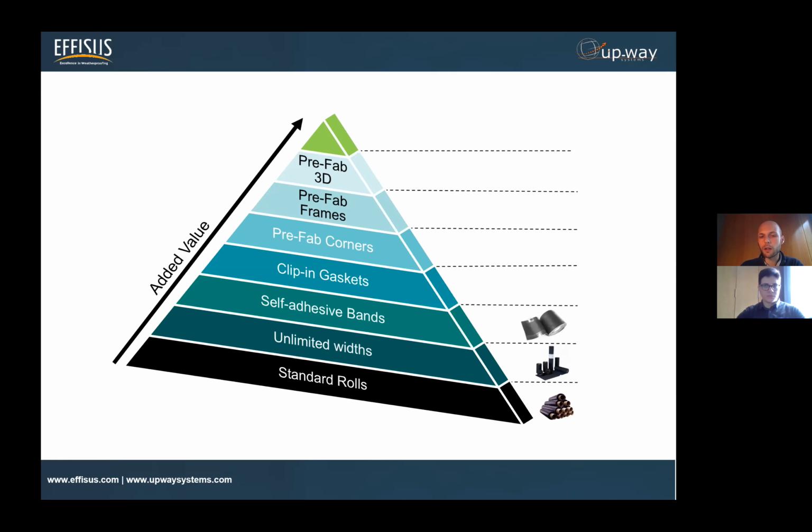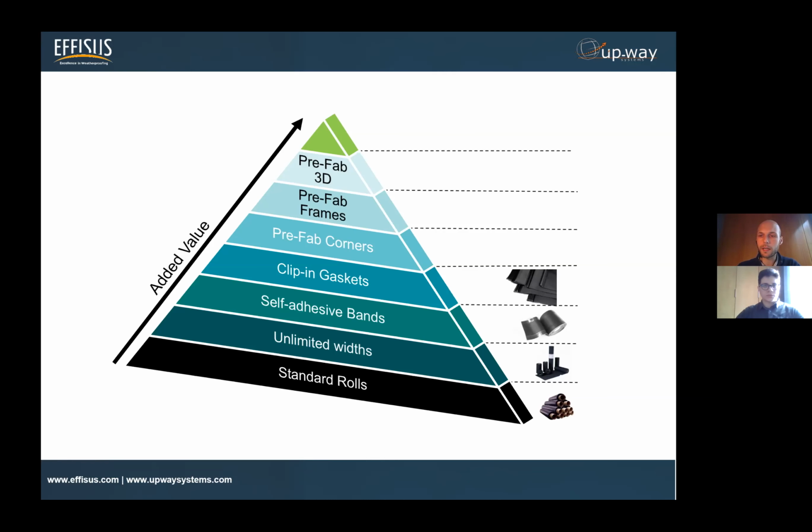Then we can also provide the membrane with incorporated self-adhesive bands, which means that you can just apply the membrane on smooth surfaces without the need of using any glue. So pretty much a clean, easy, fast way of installing the product. We can also have the membrane with a clip-in gasket on the edge.